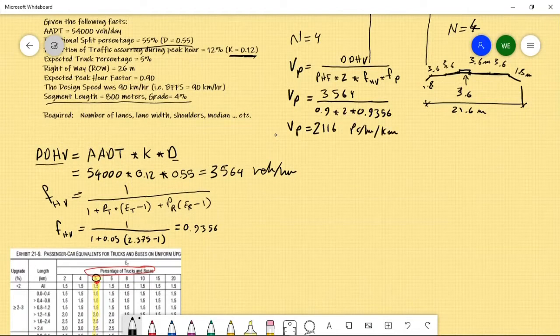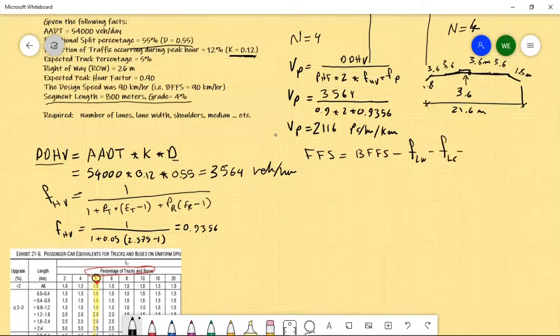Okay, so the free flow speed equals basic free flow speed minus adjustment factor for lane width minus adjustment factor for lateral clearance minus adjustment factor for median minus adjustment factor for access points.